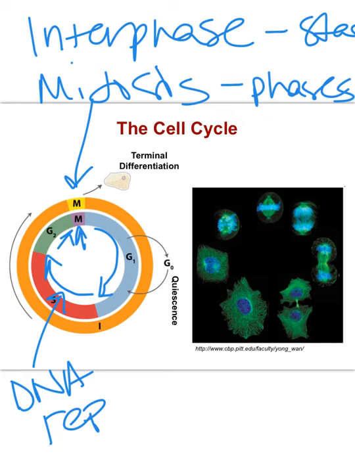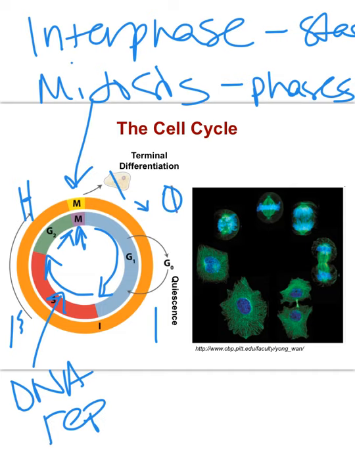So we start with a chromosome here in G1. Here we're working on making another one. In G2, we have a duplicated chromosome connected together. And then in mitosis, we end up with two cells, each with one of those sisters in it.